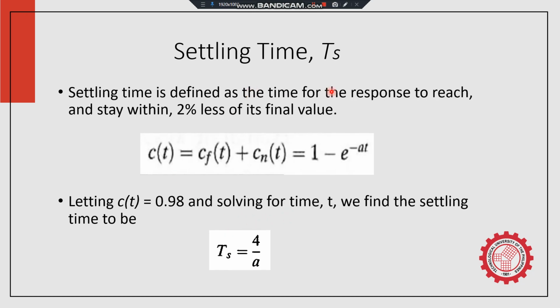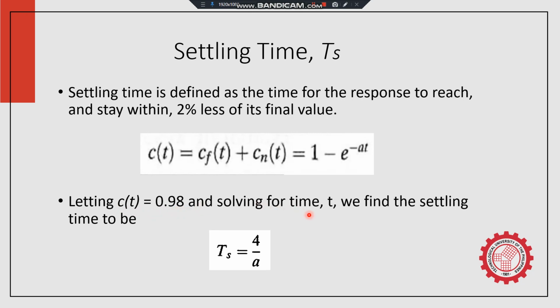And then the settling time, Ts. Settling time is defined as the time for the response to reach and stay within 2% of its final value. Okay, so the c(t), same equation, because we are discussing here the same transfer function, a over s plus a. So our c(t) in this case will be 0.98.